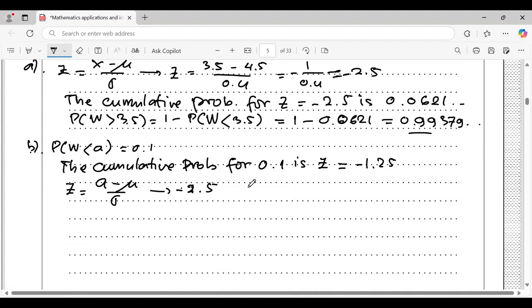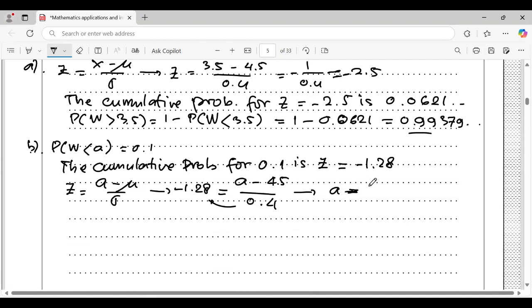Minus 1.28 equals a minus 4.5 divided by 0.4.